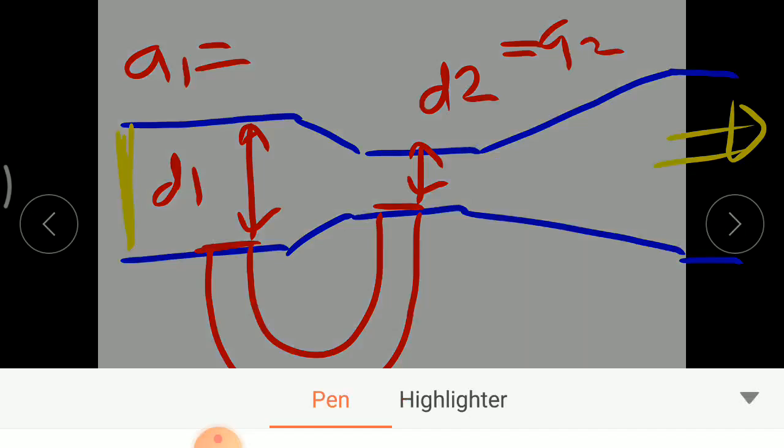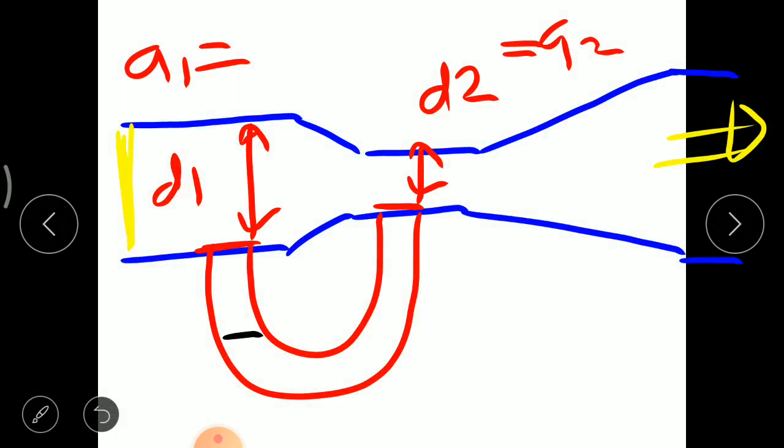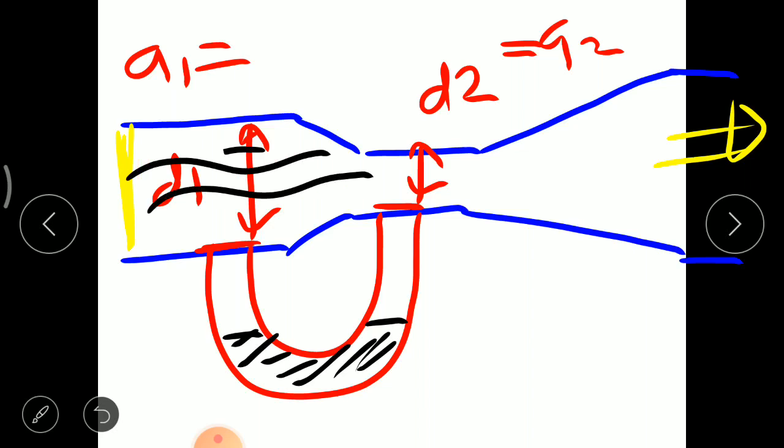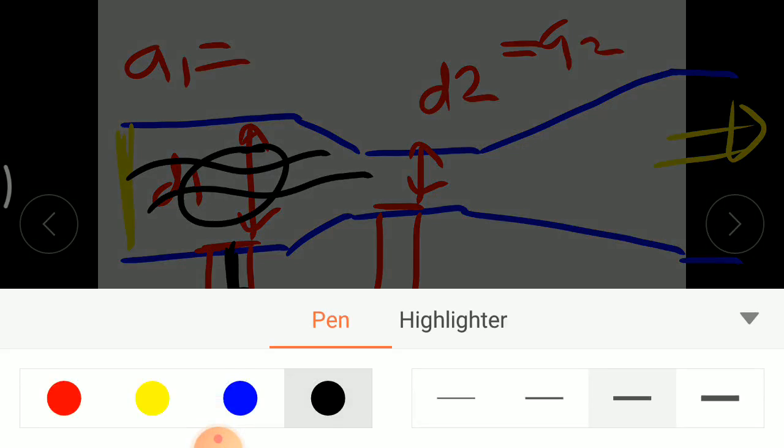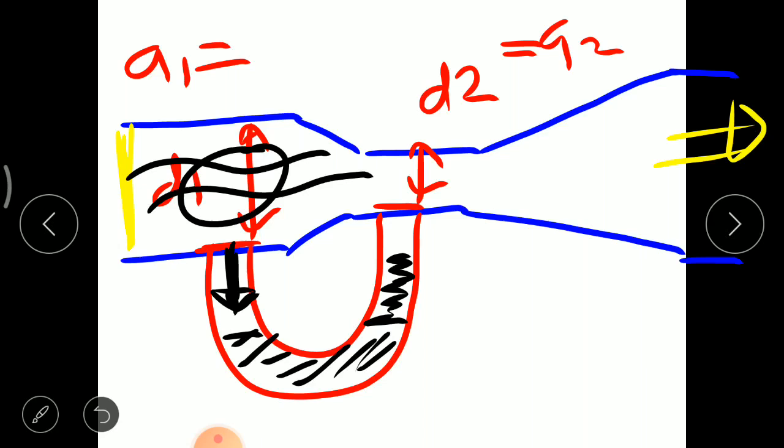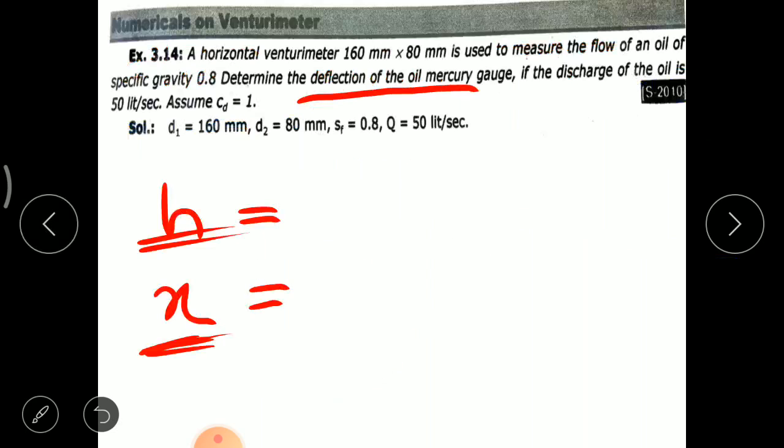In the bottom of the U-tube manometer we have the mercury, and when the oil pressure flowing from this pipe increases, the oil in the U-tube manometer pushes the mercury, and the mercury gets lifted in the right limb. So this quantity we have to determine by using the theoretical formula.